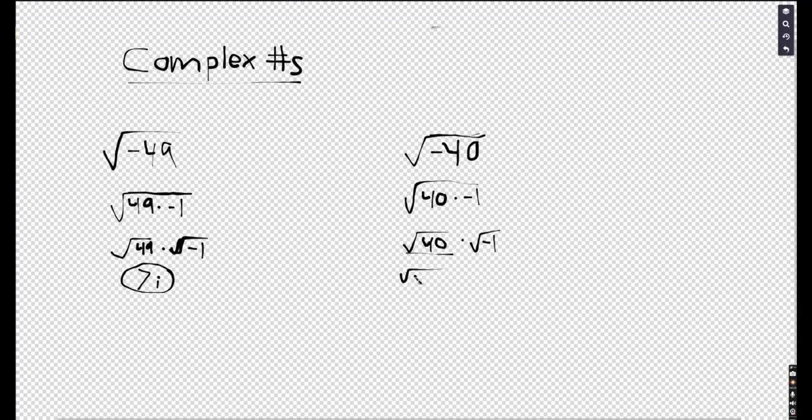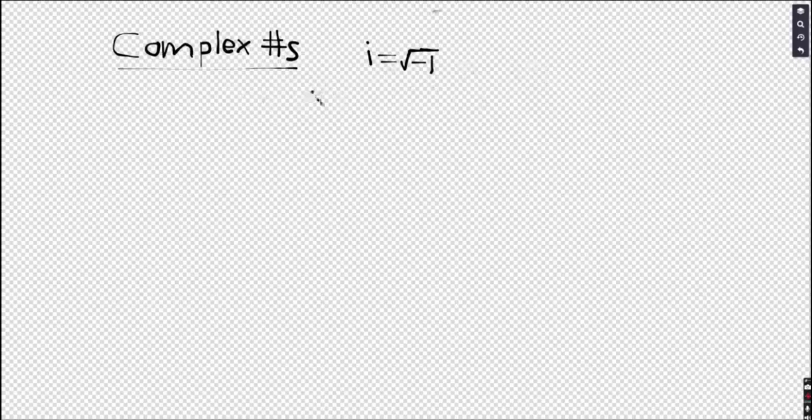We can break this up into 4 times 10 times the square root of -1, and we know the square root of 4 is 2, so it's going to be 2 times the square root of 10 times i. And that's our solution.